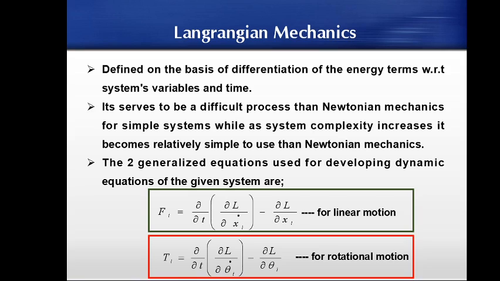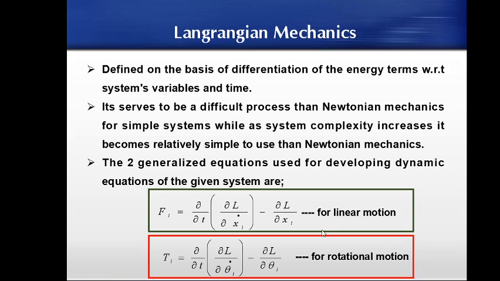If our system has only linear motion, we will have only the equation of force. For a linear motion there will be only force, there won't be any rotational motion, so the expression for torque acting on the system is equal to 0.